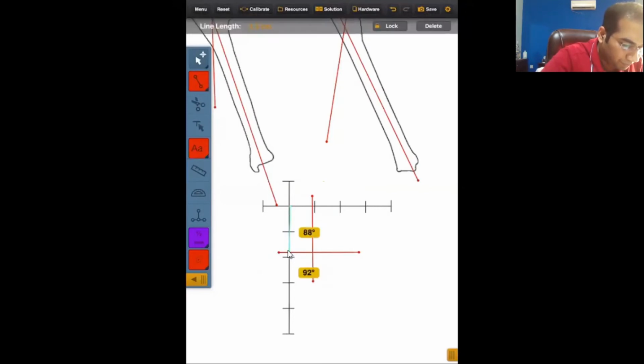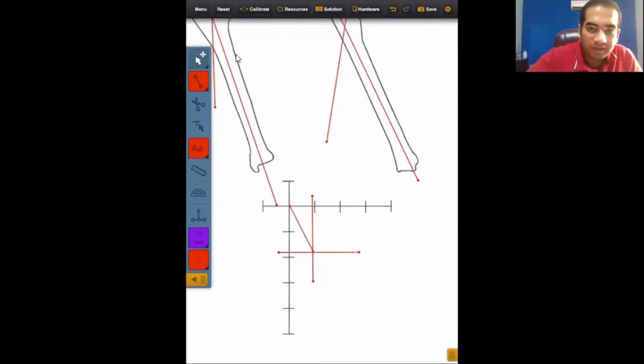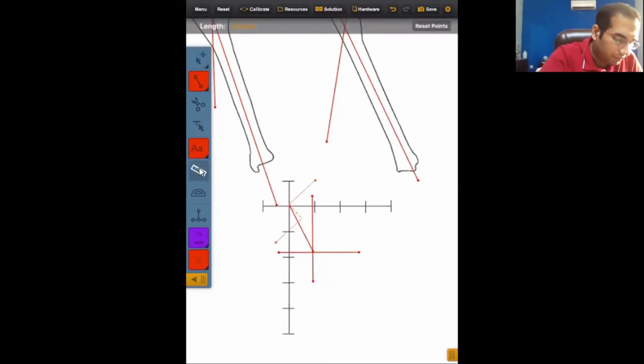And when we draw this line, as you can see, 3.8 centimeters is mentioned. So the magnitude of the deformity is 38 degrees. Okay. When we measure this line using the scale, it's going to tell us that the magnitude of deformity is 38. Okay.